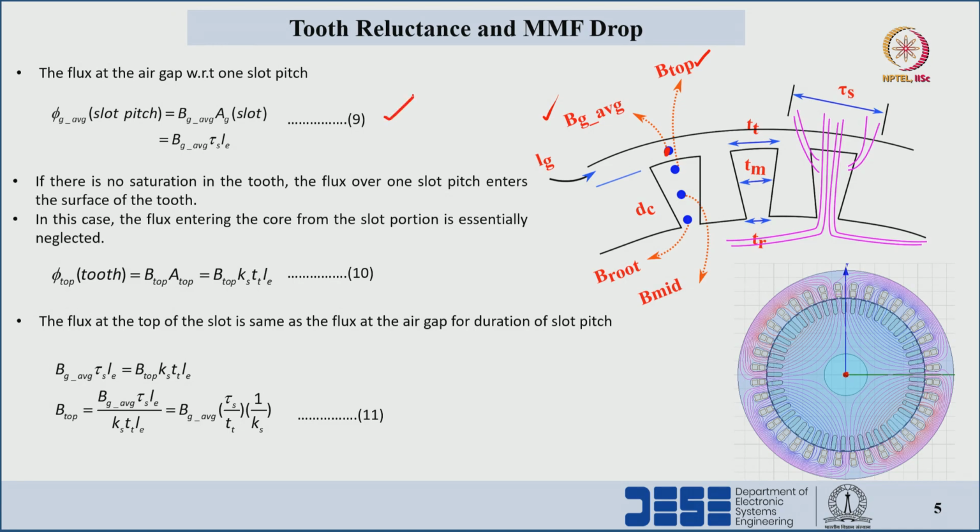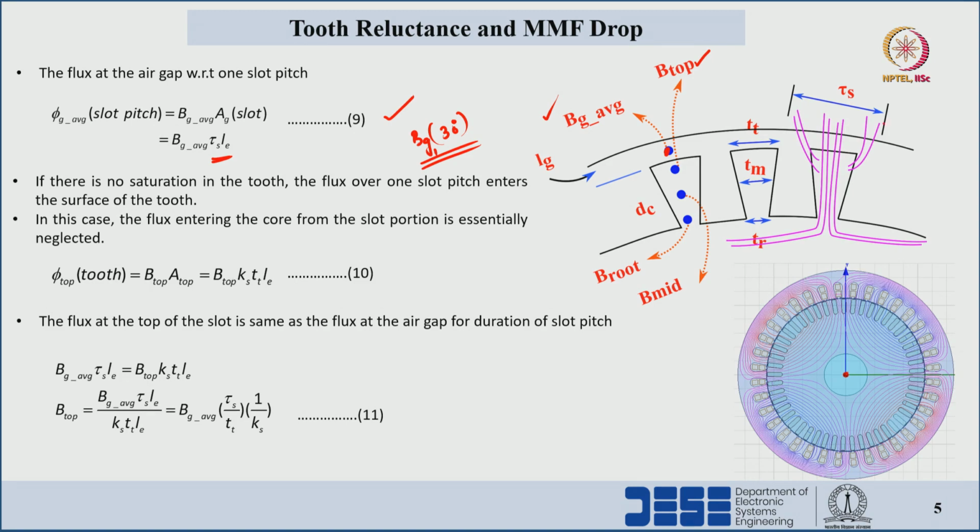If we see the flux with respect to one slot pitch at the air gap, flux is equal to B into A. Bg average we know already, and we can take the maximum flux density at the air gap as Bg1 at 30 degrees, as we have seen. Area is the slot pitch into length. If there is no saturation, the flux over one slot pitch will completely enter the teeth.